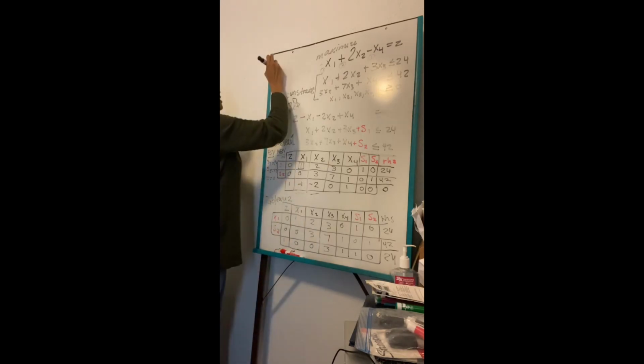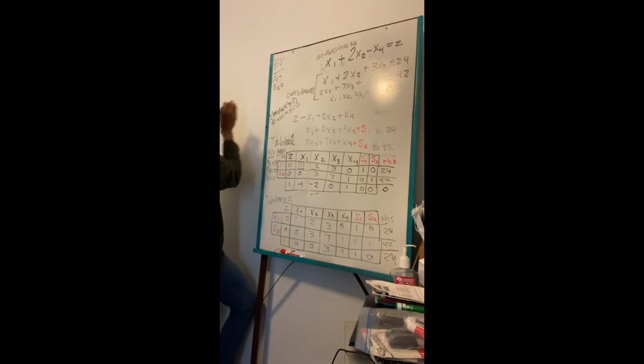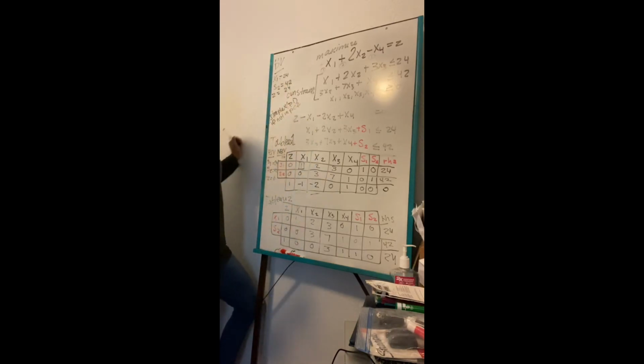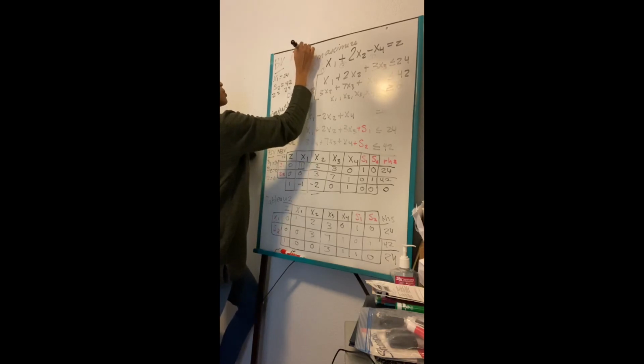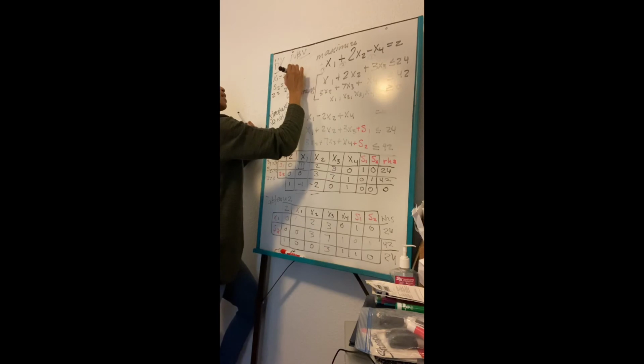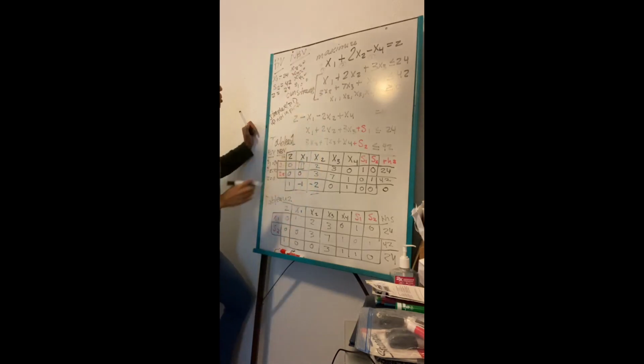The basic variables for this last one would be X1 and S2 equal to 24 and 42, and Z is equal to 24. The non-basic variables are X2, X3, X4, and S1, and they're all equal to 0.